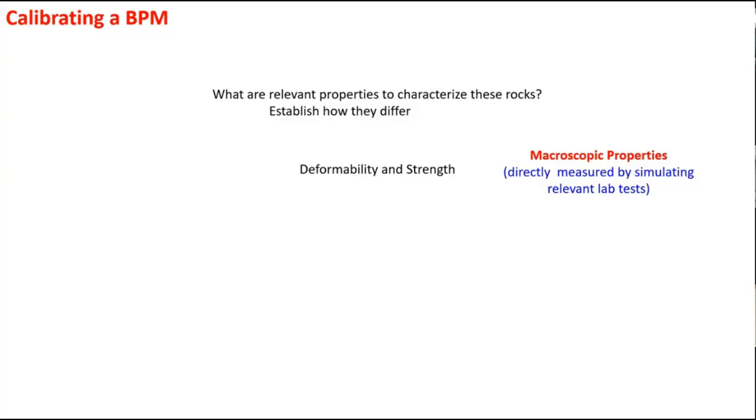Then we're going to talk about what those properties are, and how we can go about building bonded particle models to match those. So I'm going to switch over here and share the screen.